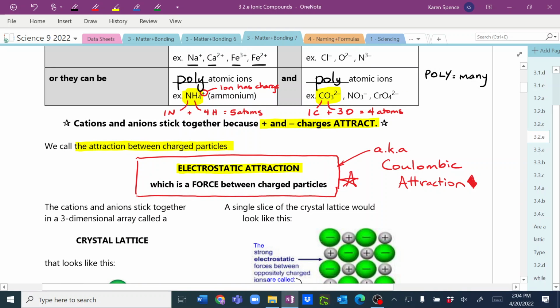What is a crystal lattice? Tell your partner, what is a crystal lattice? If you want a highlighter, help yourself to a highlighter.